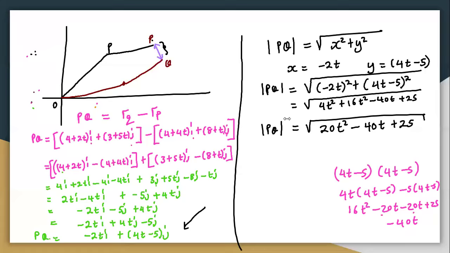So maybe our final answer could be the magnitude PQ equaling one bracket of that quadratic equation without the square root sign. Okay. Now that one, Samuel, is possible if this is a perfect square. But when you look at it, this is not a perfect square, so you cannot have it in one bracket. You cannot have the square root go away because it's not a perfect square.